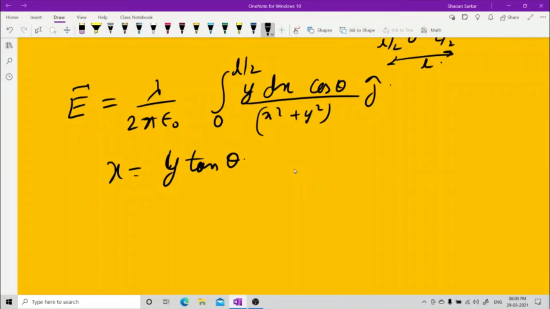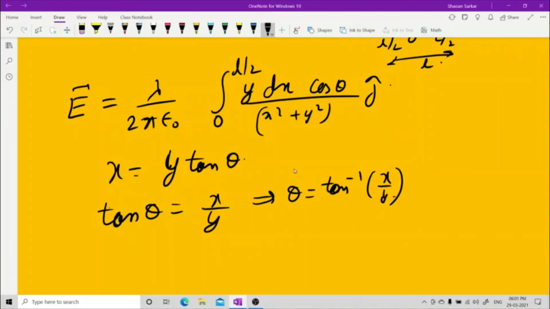Now you see one thing, tan theta is nothing but x upon y. Fine. Now, if tan theta is x upon y, so theta is tan inverse x upon y. Now, a little bit of mathematics is needed here. You can see here, this is your x, this is your y, and this is your theta.